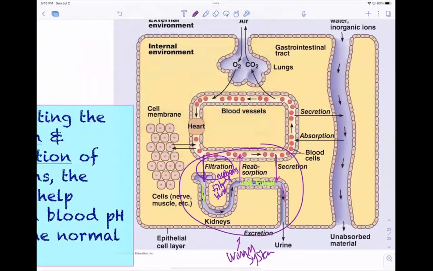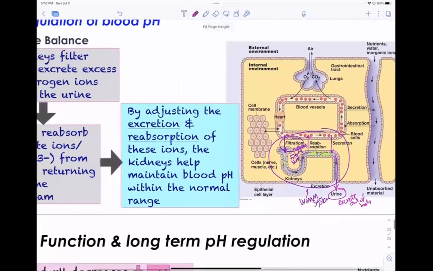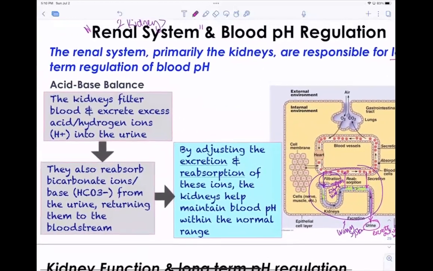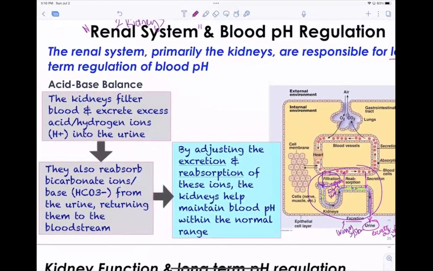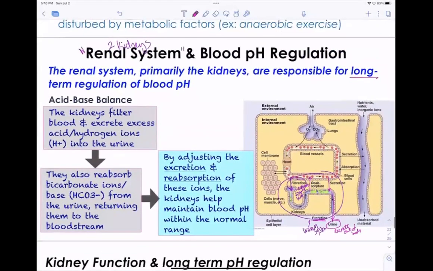At the end of the nephron, whatever is in the collecting tube of the nephron is ultimately going to become urine, and you get rid of it, or excrete it, out of the body. So this process of filtration, reabsorption, and then ultimately excretion is how the kidneys are going to long-term regulate blood pH.